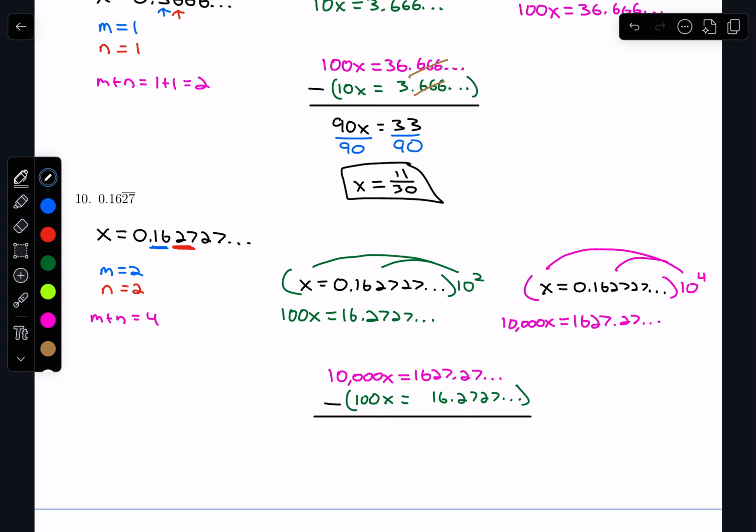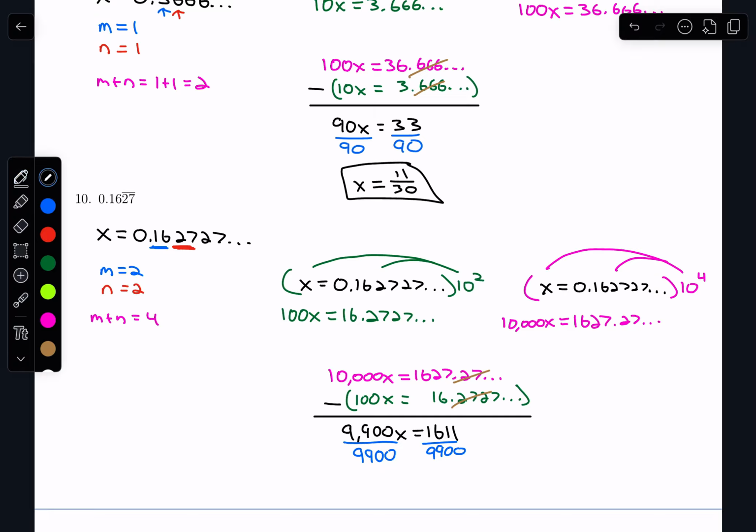So 10,000x minus 100x is 9,900x. And on the other side, the decimals cancel each other out. We have 1627 minus 16 is going to be 1611.